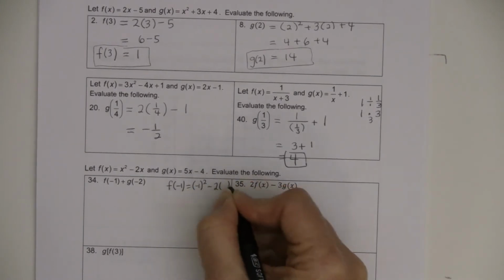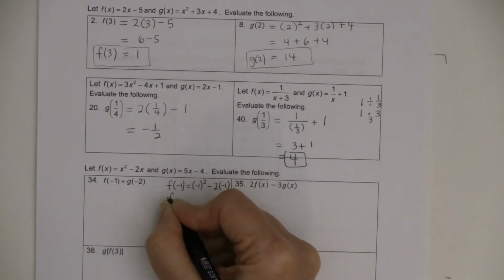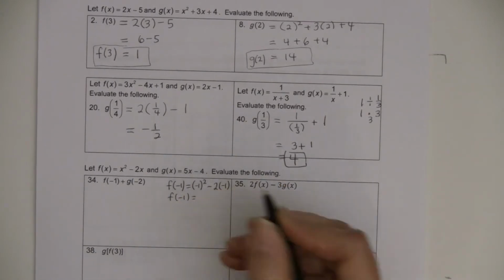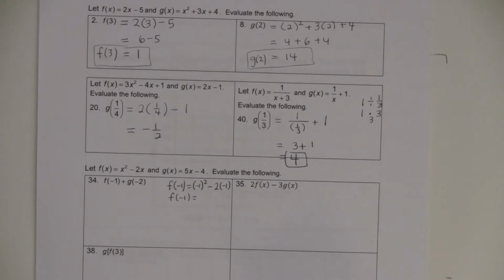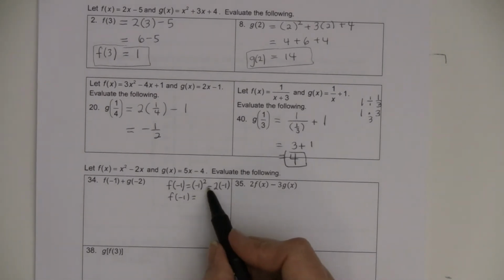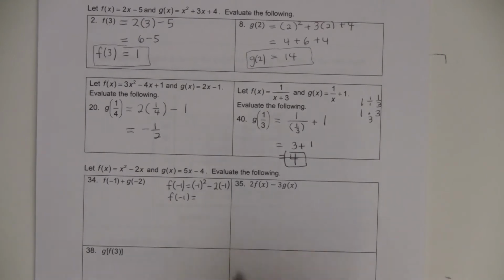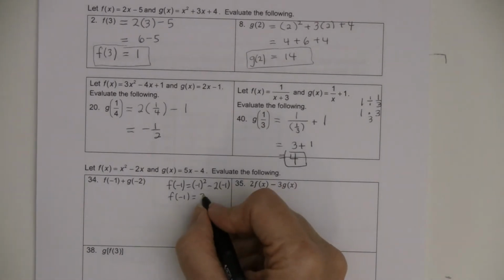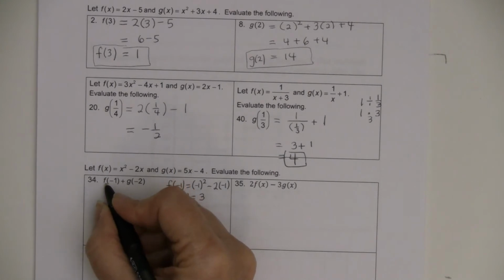So put in -1 there. And so that f at -1 will equal, and you can put that in your calculator or you could do it in your head, that's 1, and then negative times a negative is a positive. 1 plus 2 is 3. So this is 3. So right here where I have f at -1, I'm going to put 3.